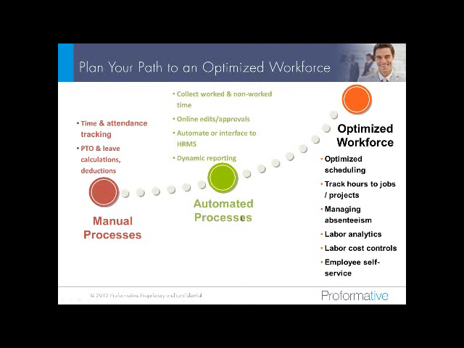As soon as you start moving into an automated process where you collect work or non-work time or look at online approvals or edits, you may even have an automated interface to HRMS or some dynamic reporting capabilities. The same path of the maturity of your business process and your systems process, that same path is flowing here where there is some improvement, much like the connected processes that we discussed before, but you still don't have the full integrated suite, the single source of truth, that one view into your business that allows you to really develop and maintain your top talent and track all the required business processes associated with that.